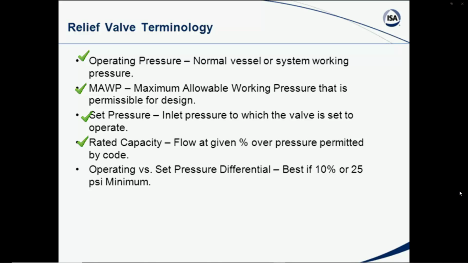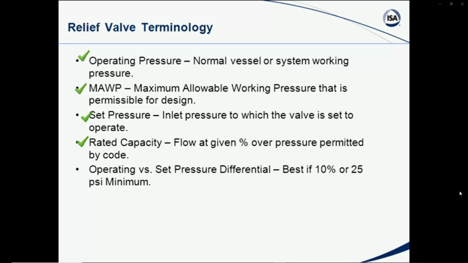Typically, for a one relief valve setup, that is 10%. That means if I've got a valve set at a nominal pressure of 100 psig, at 110 psig I must be carrying whatever stated capacity I've needed for my system. That flow must be carried by the device. It gets a little complicated, and we'll go back through this in a moment, which I believe will help you some.